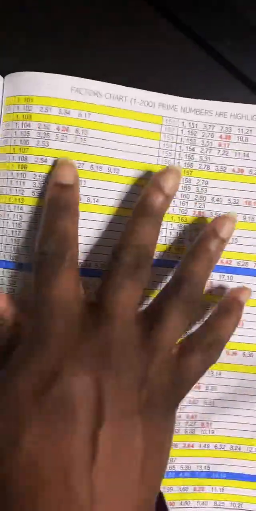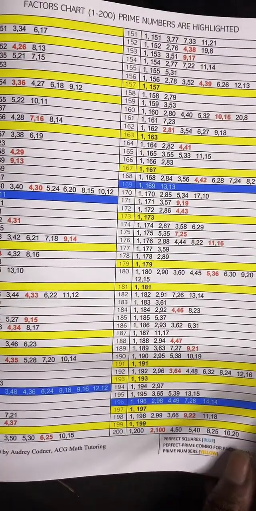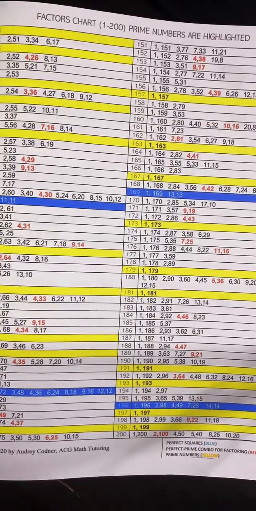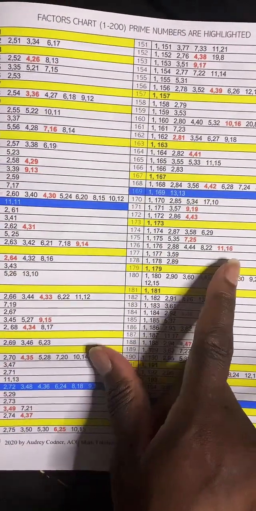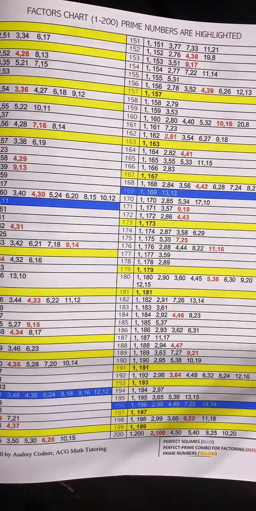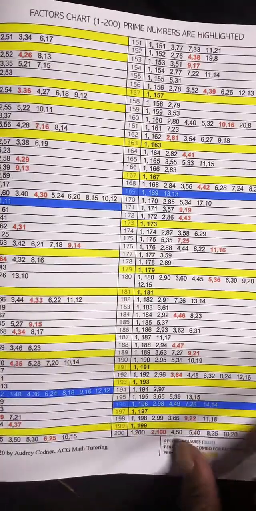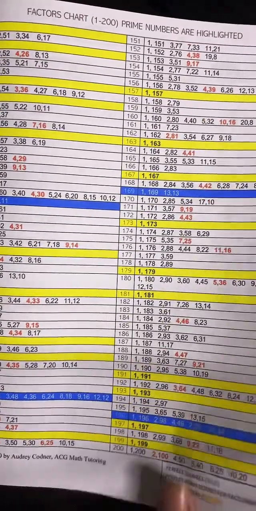But in addition to this, I have what's called the factor sheet. There's 2 pages of it. It goes all the way to 200. So if you're a little stuck with your multiplications, or breaking down radicals, or breaking down your factoring, you can use this factor sheet to help you understand some of these concepts.